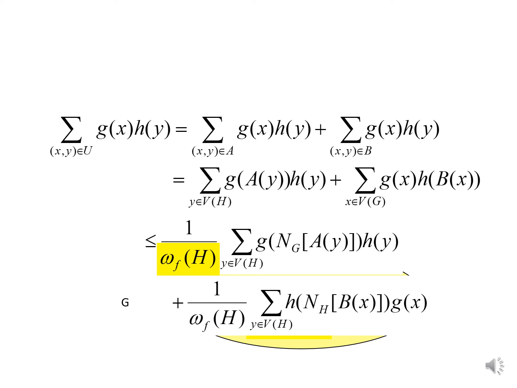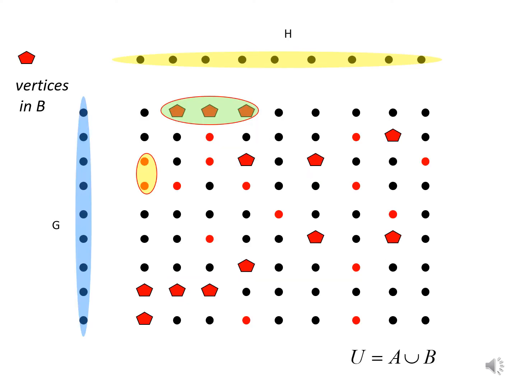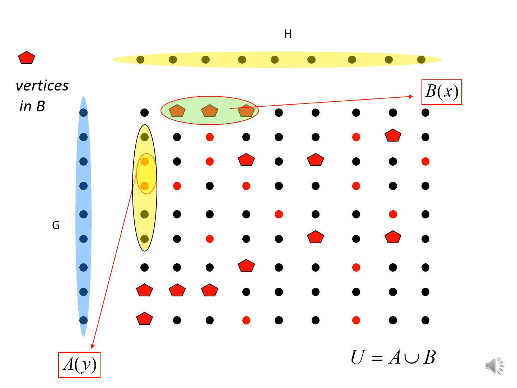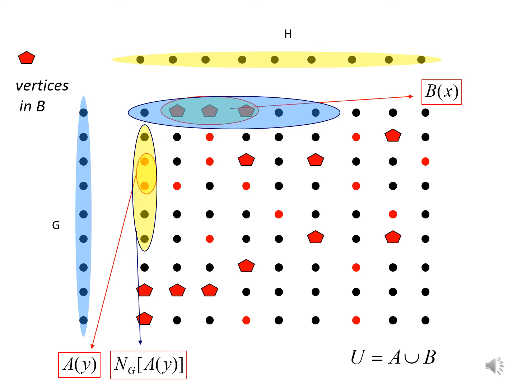Now, this is A_Y and this is B_X, and this is the closed neighborhood of A_Y, and this is the closed neighborhood of B_X. When I say look at the closed neighborhood of A_Y, I treat this column as a copy of G. Just look at the first coordinates.